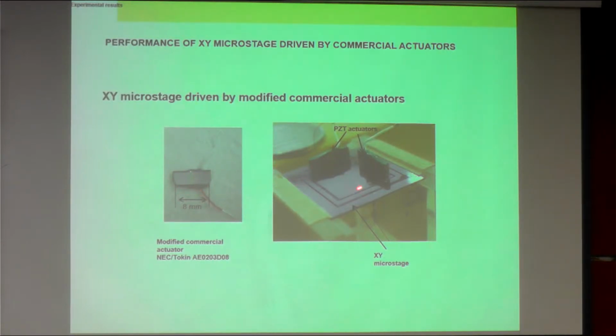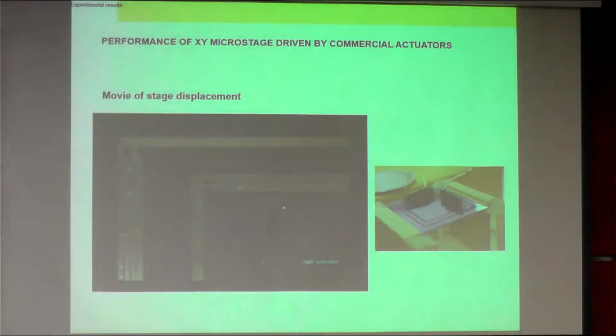So this is the XY microstage and the modified commercial actuator. This is the result of the displacement in X and Y direction. This displacement is quite big because we are using a big commercially available actuator, which can exert quite a big force and displacement because the size is bigger.